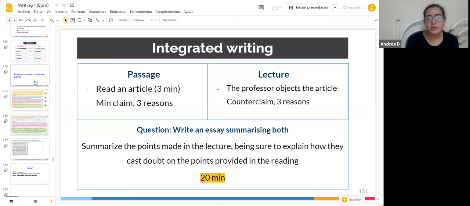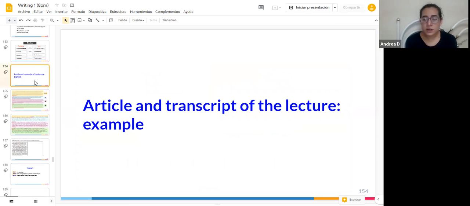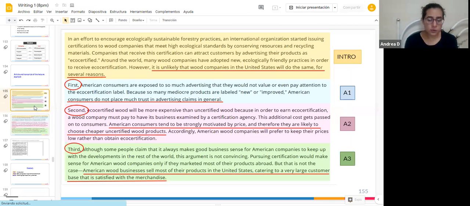Okay. So now let's see how the structure of each one is going to be. Unfortunately, I cannot tell you what exactly you will have, so what topics you will have, like I did in the speaking. I don't know if it's going to be history, literature, or technology, but I'll give you some examples of things that I have seen.